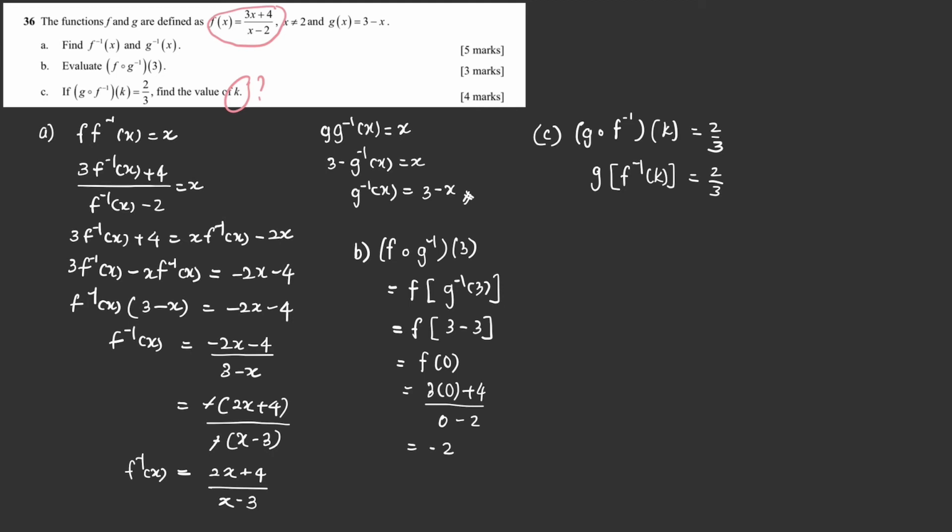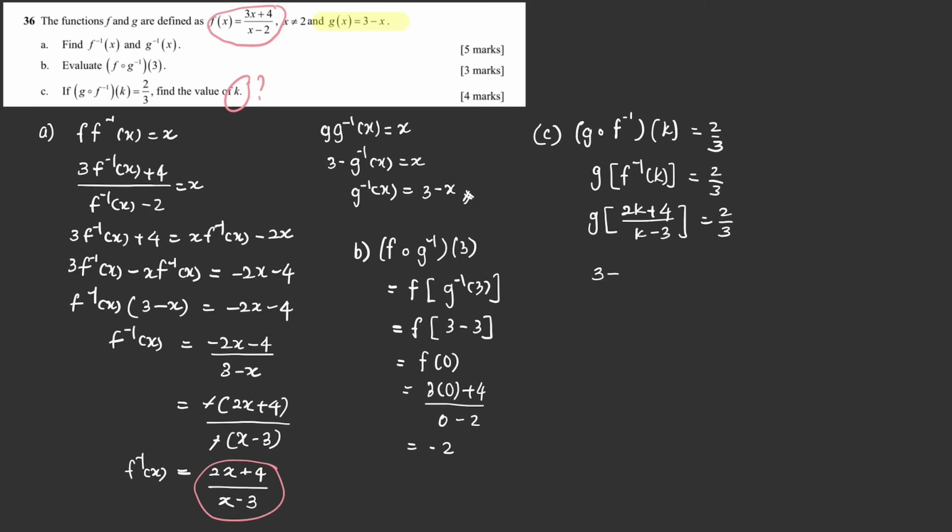So f inverse kita adalah here 2x plus 4 over x minus 3 ni kan. So saya tulis dulu sebagai 2k plus 4 over k minus 3. And then masukkan dalam G. G kita adalah 3 minuskan dengan X kita, which is 2k plus 4 over k minus 3.